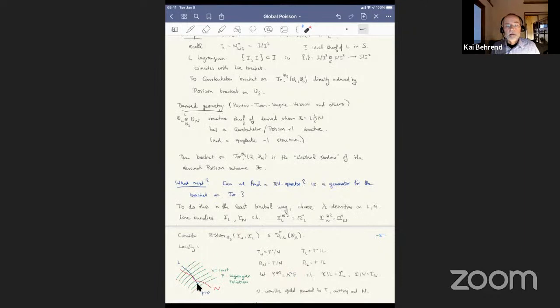Because, as I had already explained, the tangent bundle to F is the dual of F, so T L. This foliation F, if I restrict it to the two Lagrangians, I get the cotangent bundles of N and L. So the highest exterior power of F restricts to omega N and omega L.